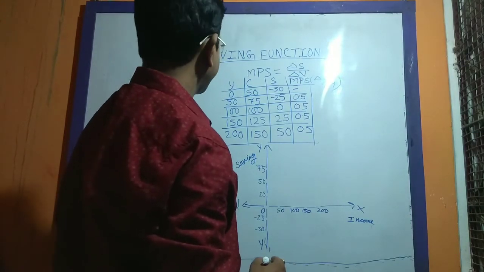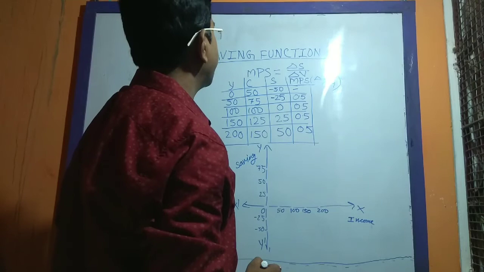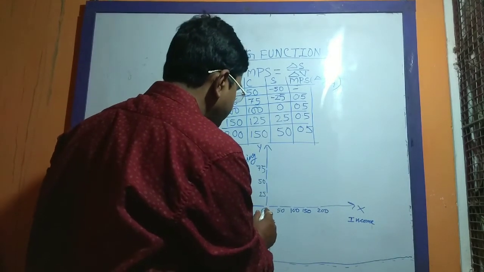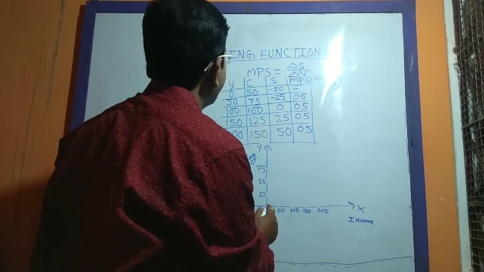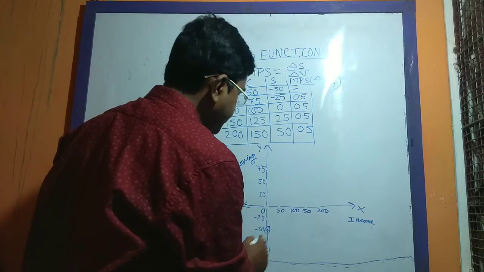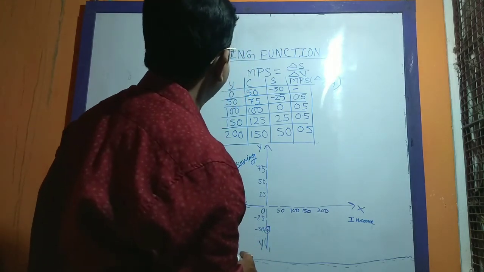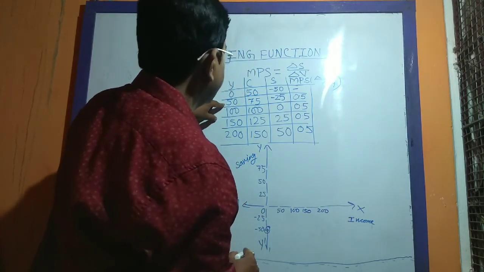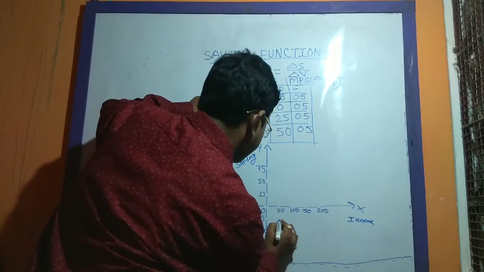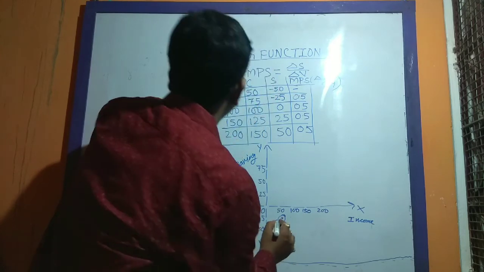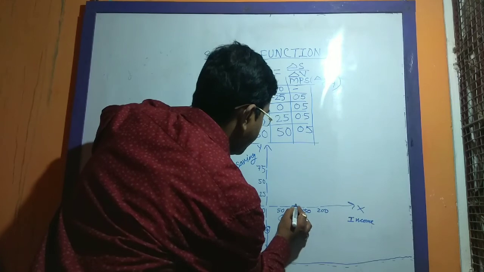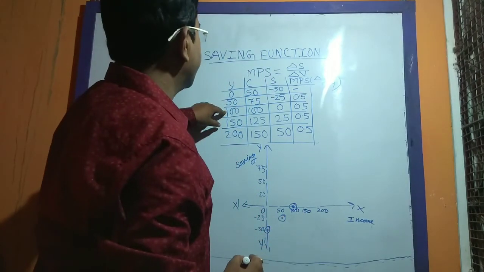Now when income is 0, saving is minus 50. Even at zero level of income, minimum consumption is necessary, called autonomous consumption. When income increases from 0 to 50, saving is still minus 25. When income is 100, saving is 0 because income equals consumption.